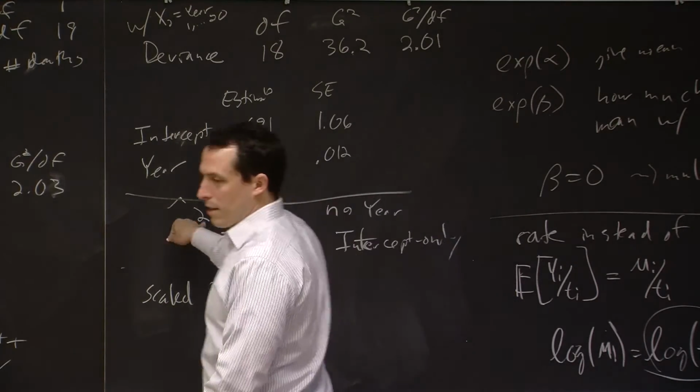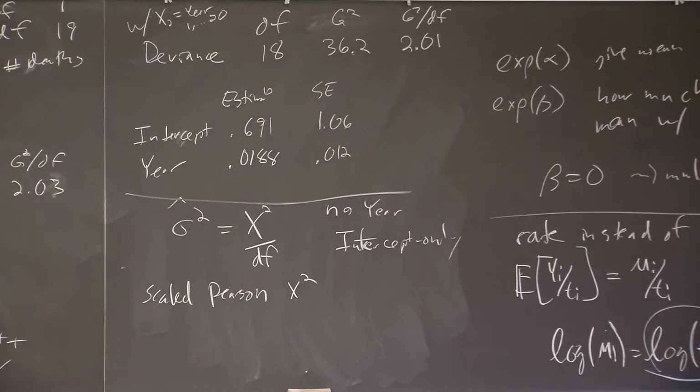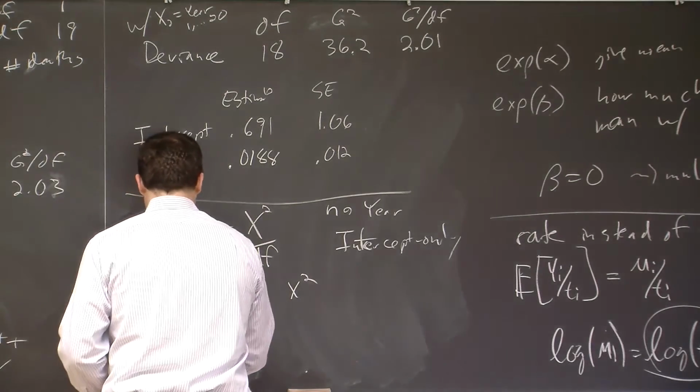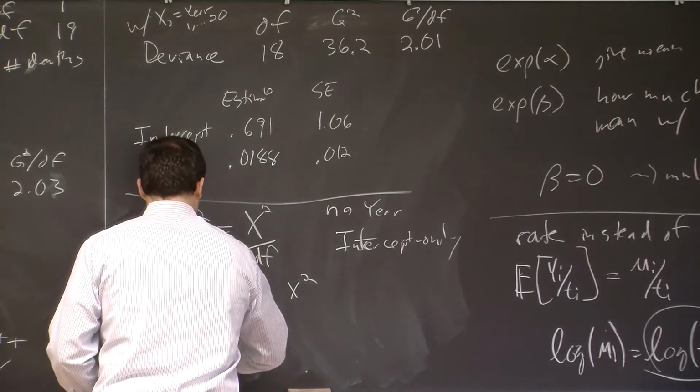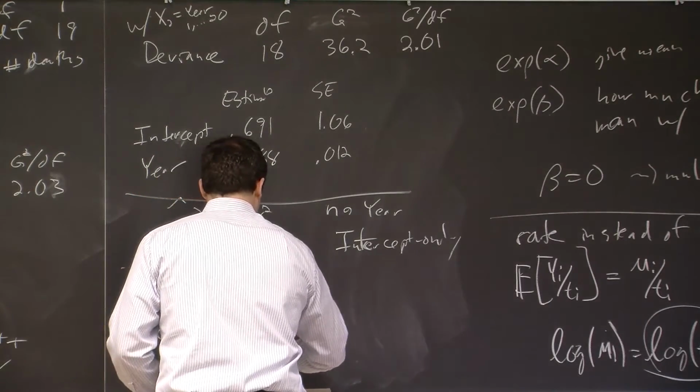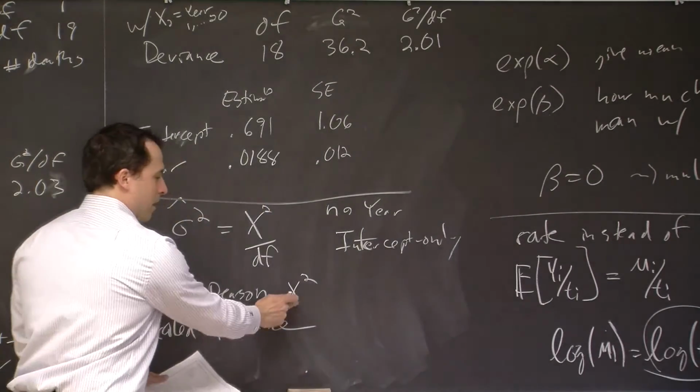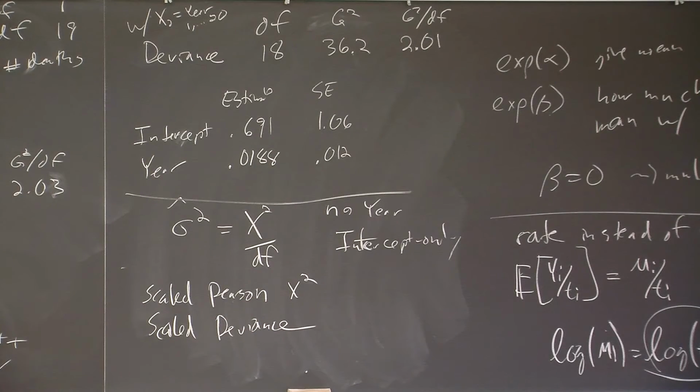But I also add in this scale parameter, which doesn't count against the degrees of freedom because it's not part of the model. So I'll get a scaled deviance and a scaled Pearson. Can you tell me what scaled deviance and scaled Pearson are going to be?